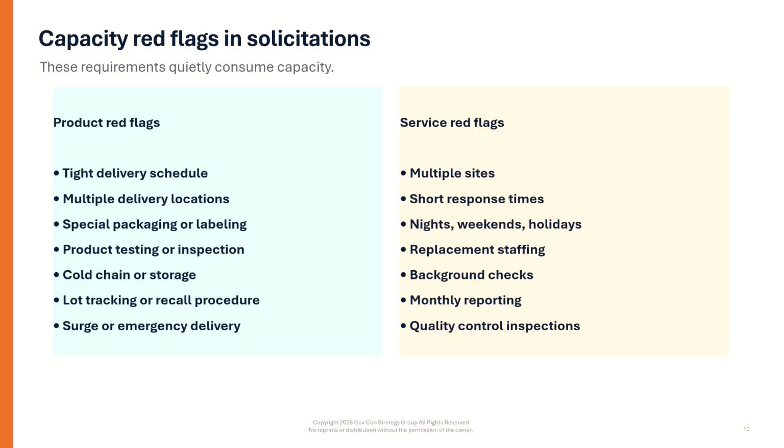None of these requirements are automatically bad. The problem is pretending they are free. Every extra requirement has to be counted. It may change your staffing plan, your delivery schedule, your inventory needs, your reporting time, or your price. When you review a solicitation, do not just ask, can we provide this product or service? Ask, what will this requirement consume? And have we included that in our capacity and price?